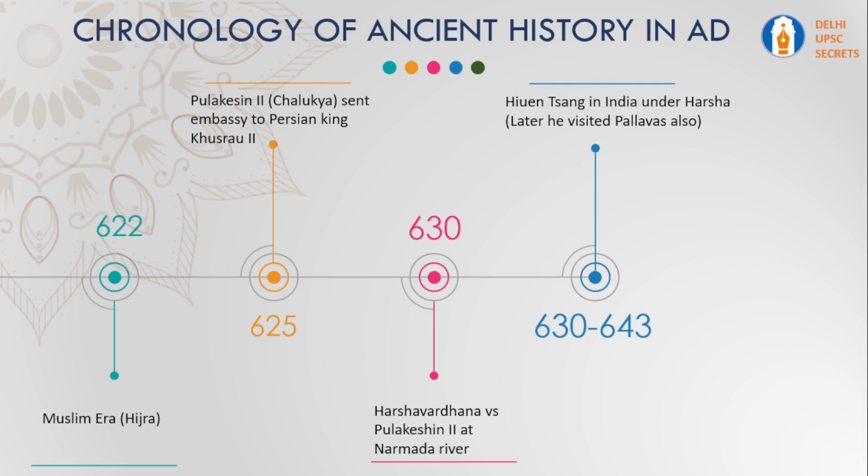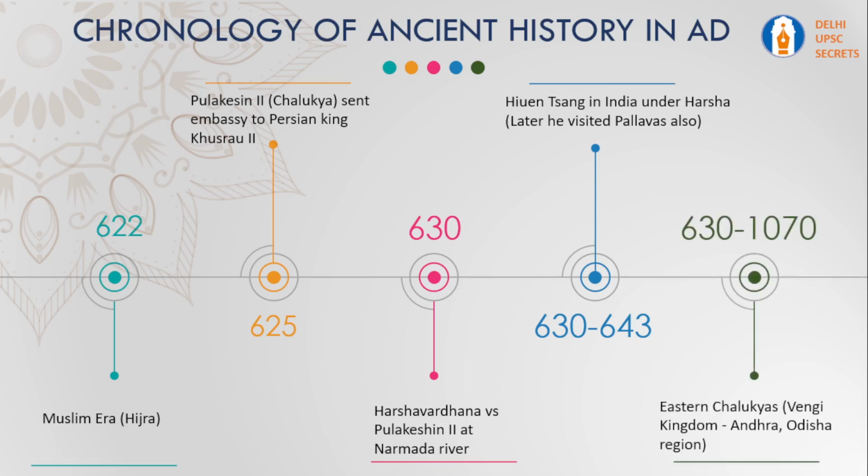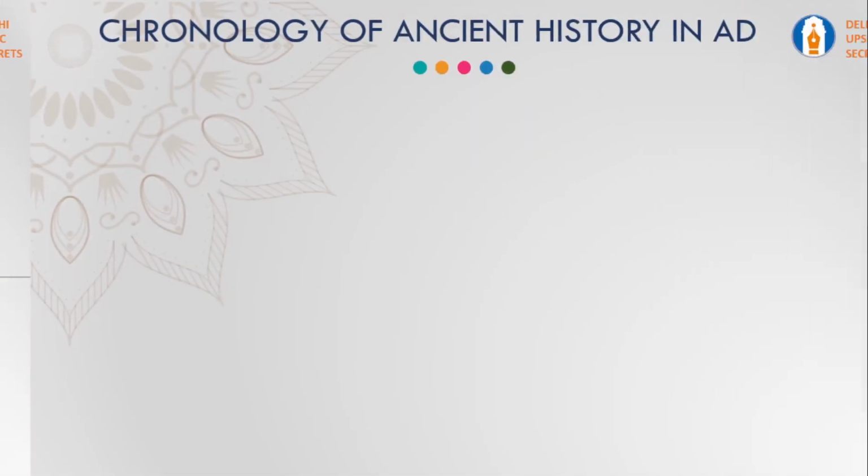Later he visits the Pallavas as well. 630 to 1070 AD is the period of the Eastern Chalukyas, or the Vengi kingdom, in Andhra, Odisha and other regions. So this is what is happening within ancient history.